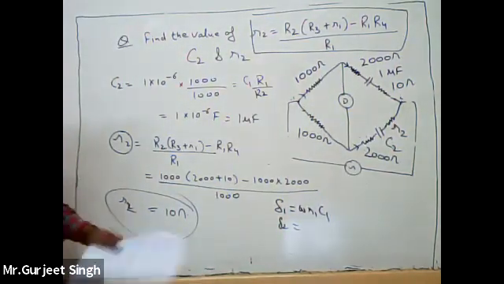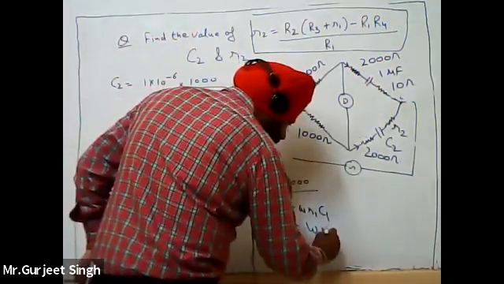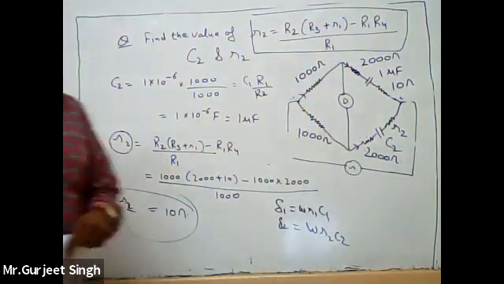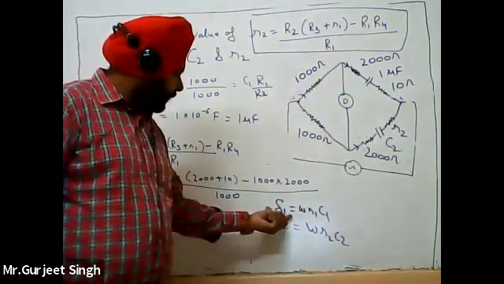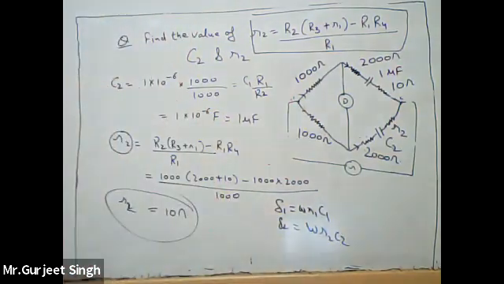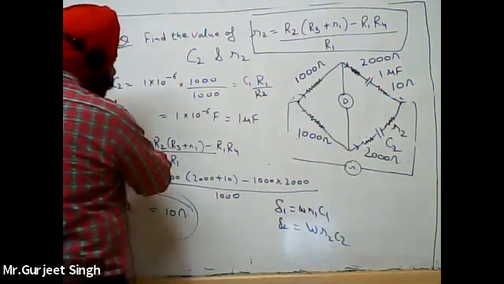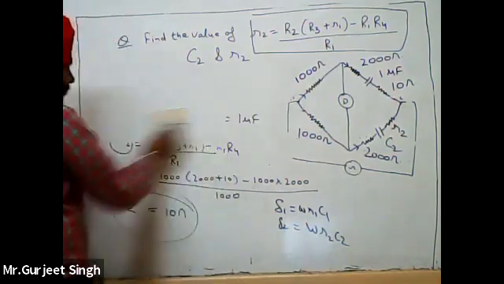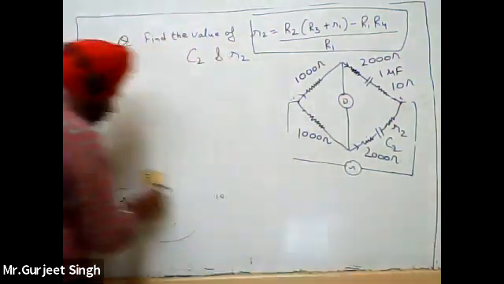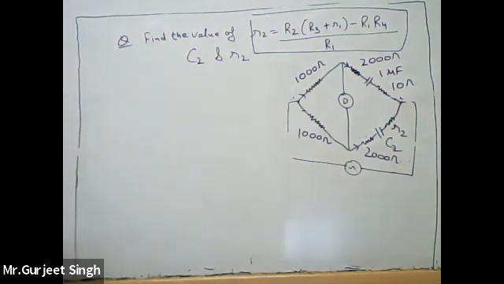Okay, that is omega R2 C2. In some numericals they will ask you to find out phase angle error 1 and phase angle error 2.